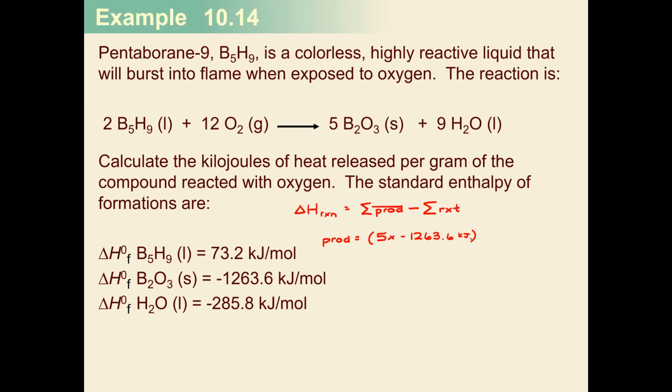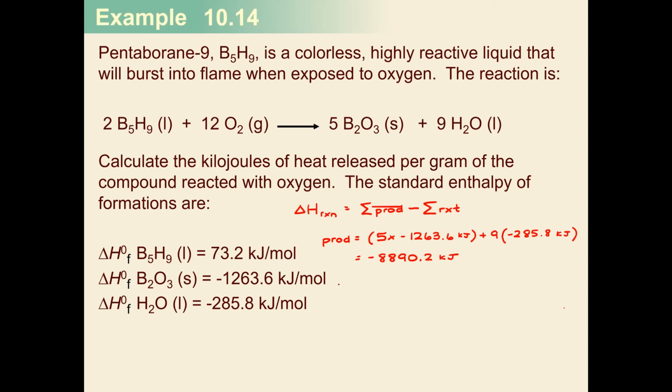And then I need to go and add that to 9 of my waters, which I have listed here. So that would be minus 285.8 kilojoules. And the total energy for our products is going to be a negative 8,890.2 kilojoules. So I've done 1/3 of my math.